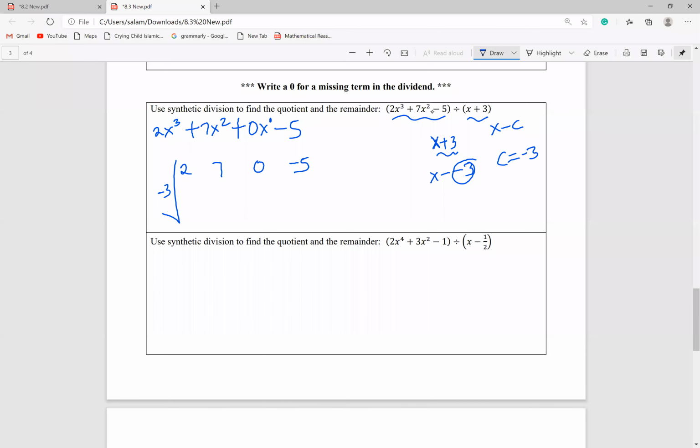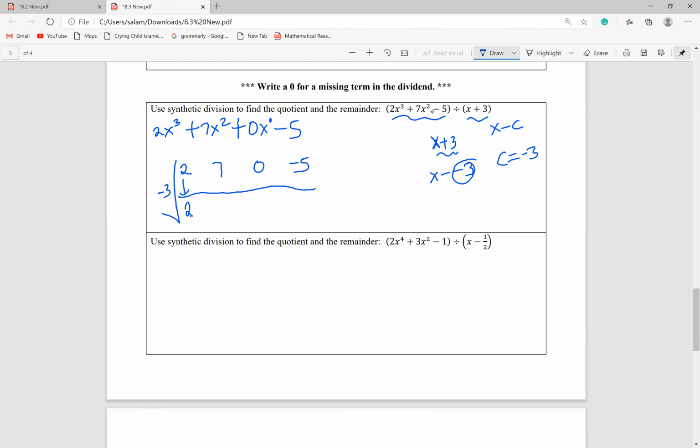Now the next step is to drop the first coefficient, bring it down. Then we multiply 2 by -3: the number you drop, you multiply by your c.